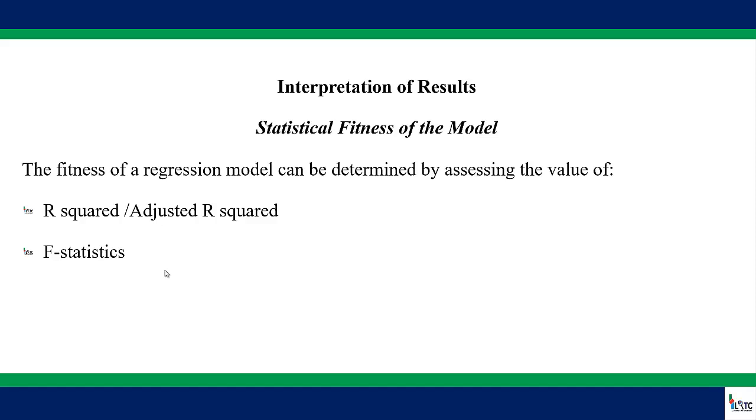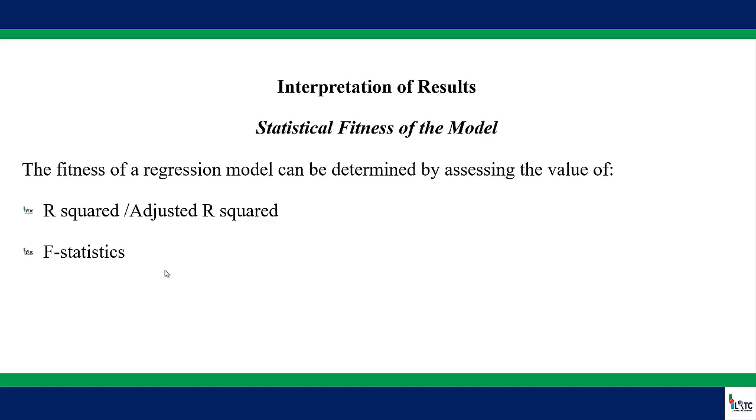The only difference between R-square and adjusted R-square is that when a new independent variable is added to a model, R-square will always increase, irrespective of the fact that the variable adds value to the model or not. But adjusted R-square will only increase if the variable contributes to the model. That is, if it is useful in explaining the dependent variable.